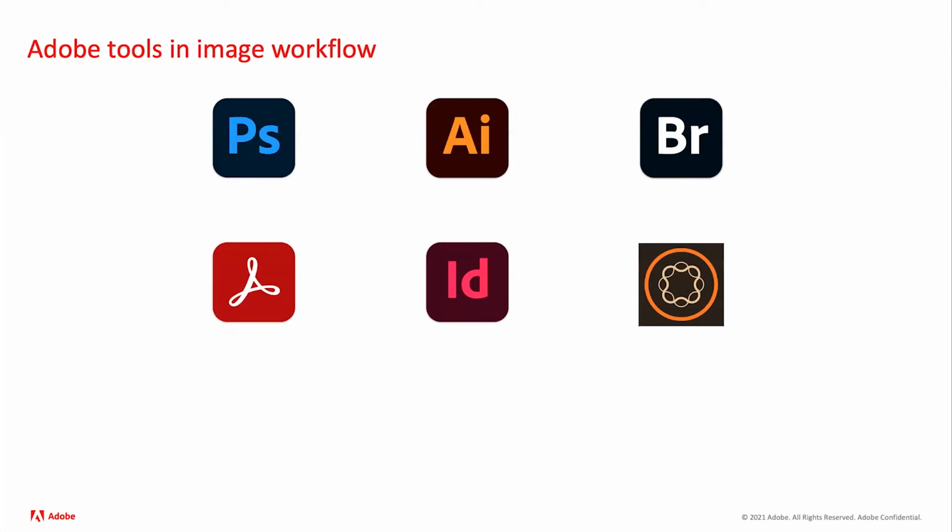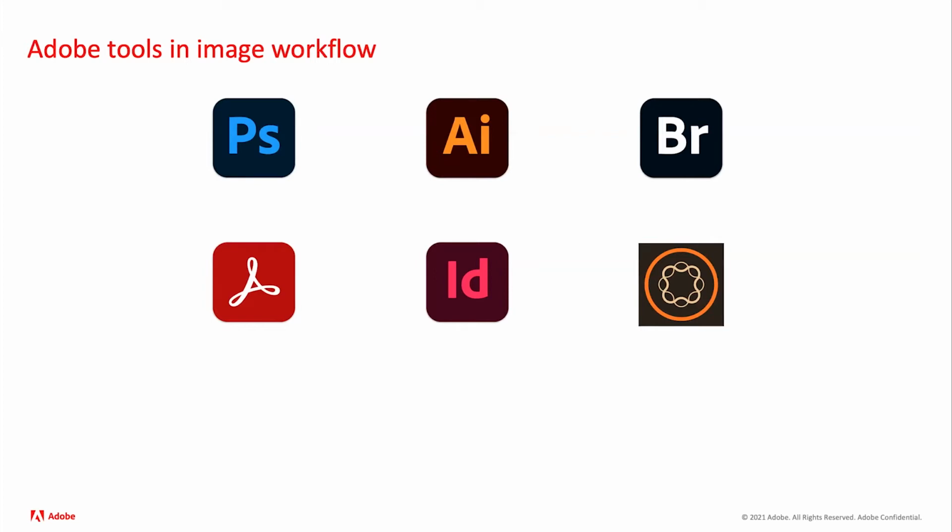But we also have our tools that are used for creating content, Acrobat, InDesign, and then the last icon in this row, which people may not be familiar with, which is AEM, has an asset library, an asset management system, as well as content creation.